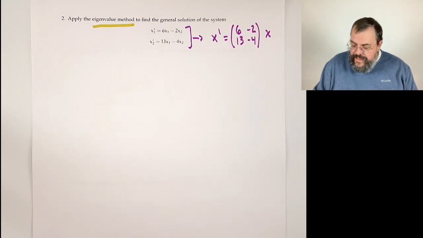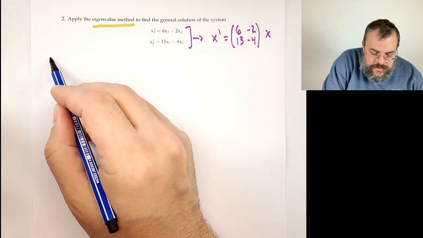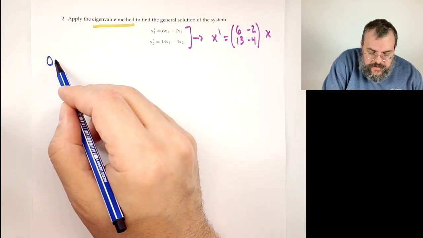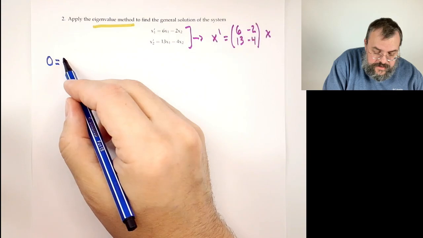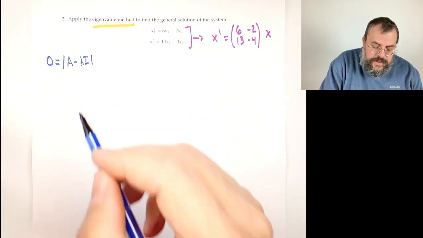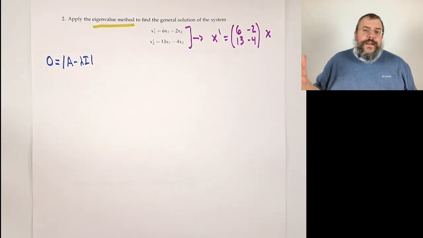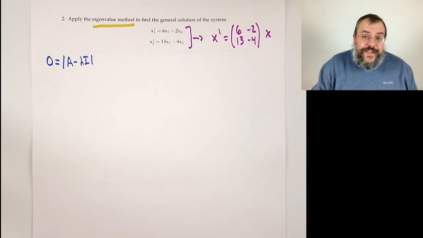The way to find our eigenvalues is we're going to take our characteristic polynomial. We can do it in a couple ways, so I'll do it in the following way. We're going to take 0 and set it equal to the determinant of A minus lambda I. You can also do lambda I minus A, but if you do A minus lambda I, it's a little bit more consistent with things you might see in other places.